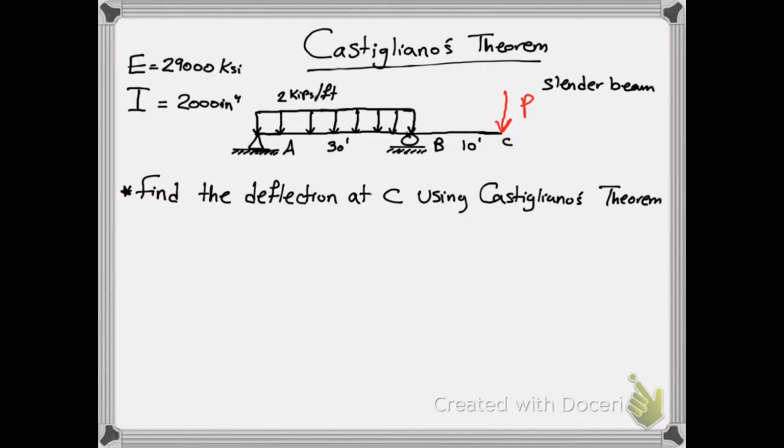Now, we're going to draw the free body diagram of our beam and find the reactions in terms of the dummy load we applied, P. So By, Ay, and then we have 60.